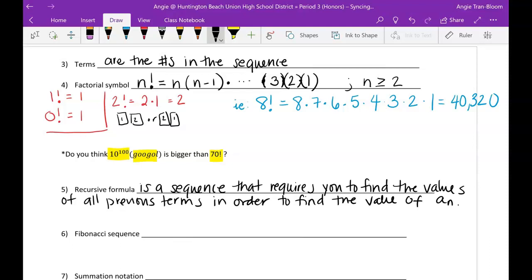What that means is that if you want to find the fifth term, you have to find the first four terms first.